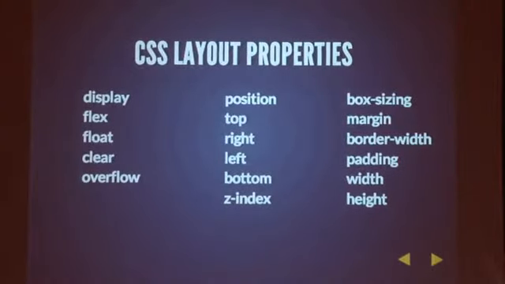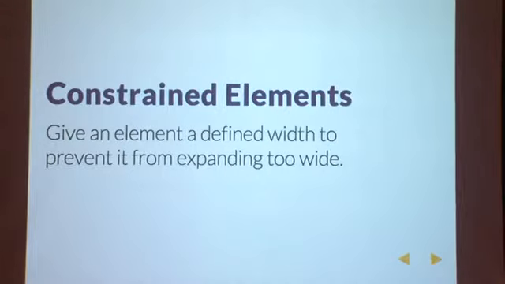Z-index has some effect in there. And then you have your box sizing stuff, like the box model, sorry: margin, border width, padding, width, and height. So these are the properties that you really need to focus on in order to adjust layout. So let's look at some patterns.